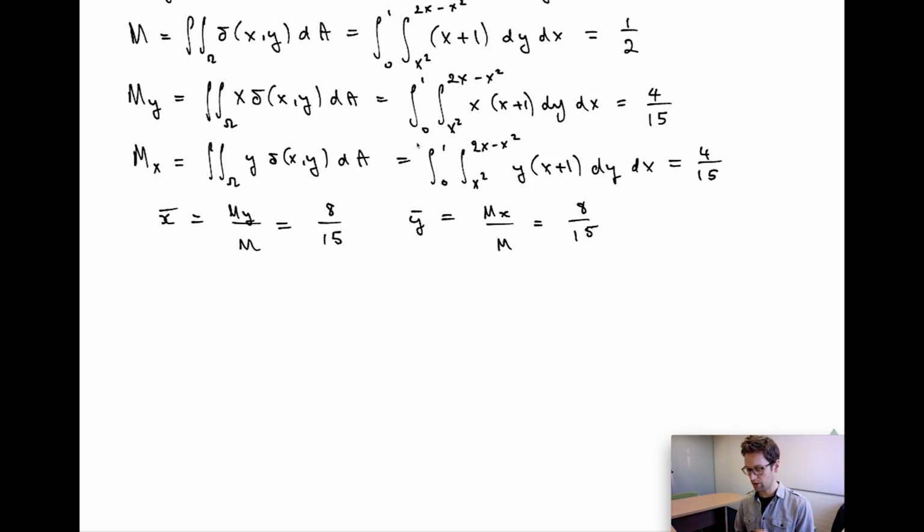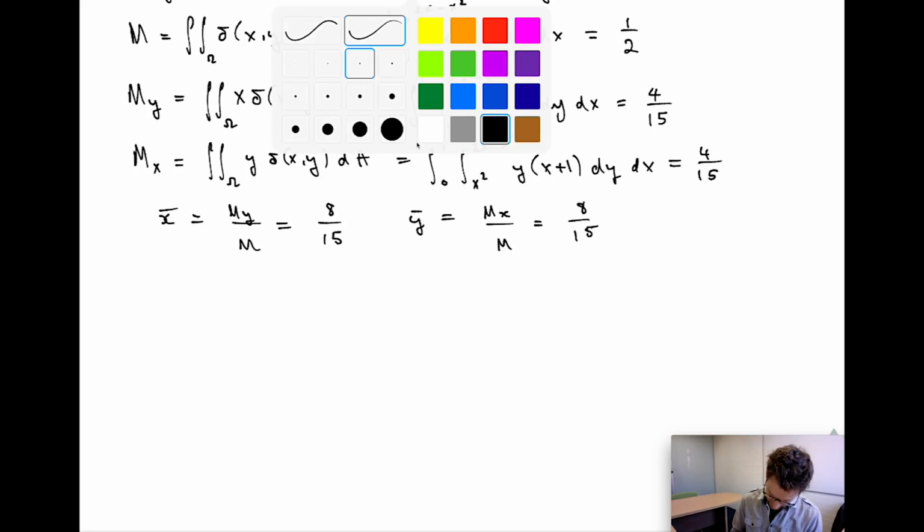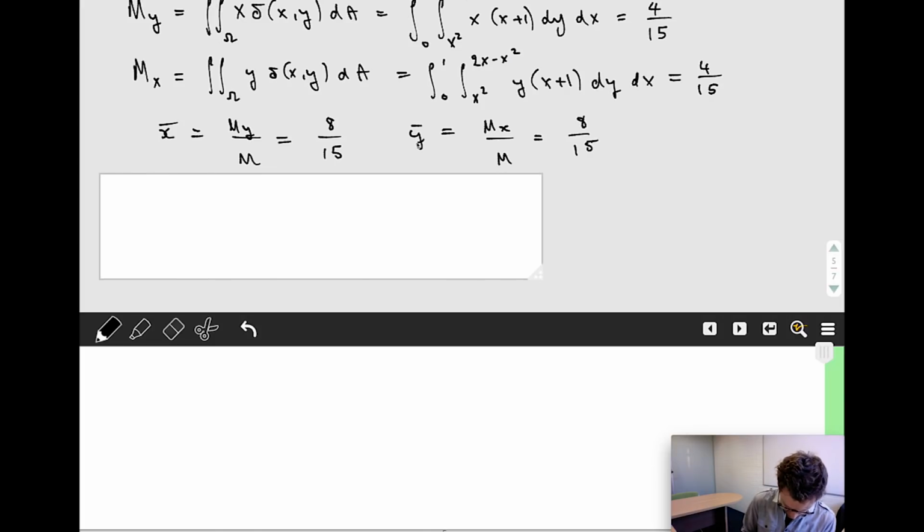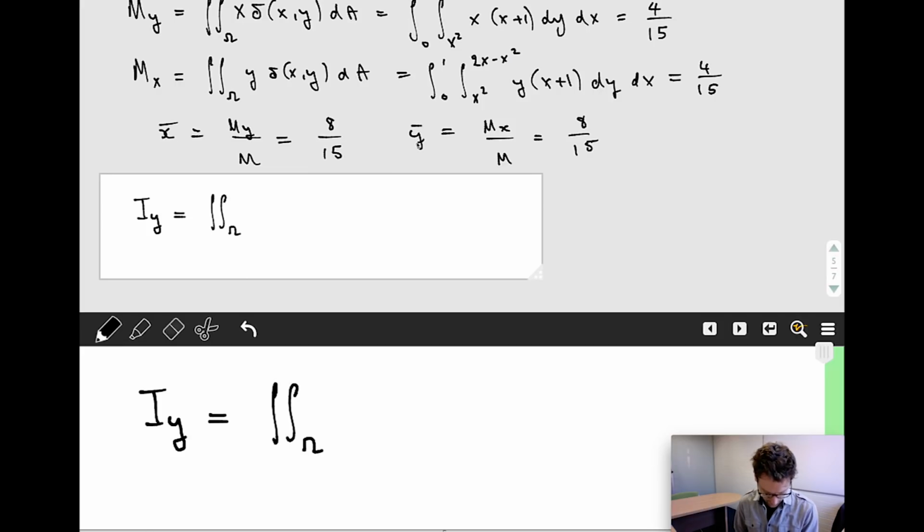Now let's take a look at the moment of inertia. Now we're asked to calculate the moment of inertia about the y-axis. So let's write down the formula for that. Again, set up the integrals. So the moment of inertia about the y-axis is given by the double integral over the region of integration of x squared delta(x,y) dA.